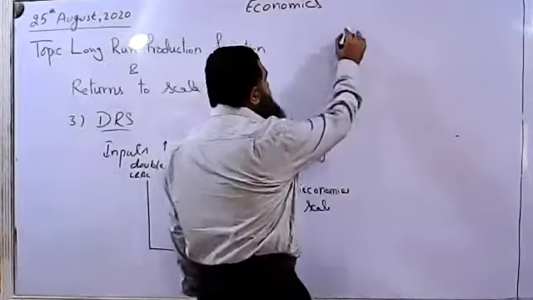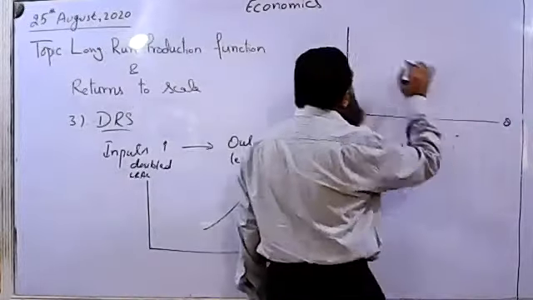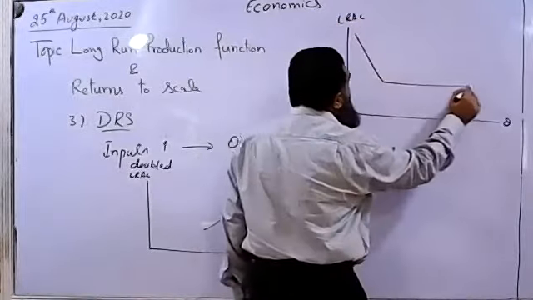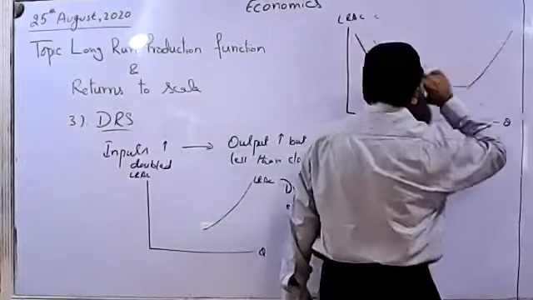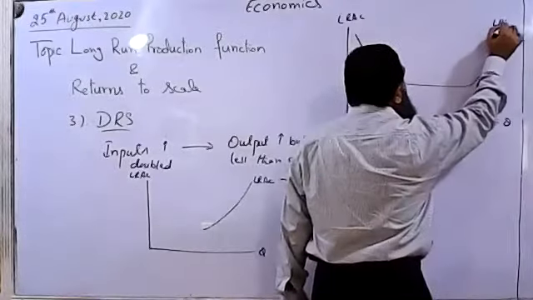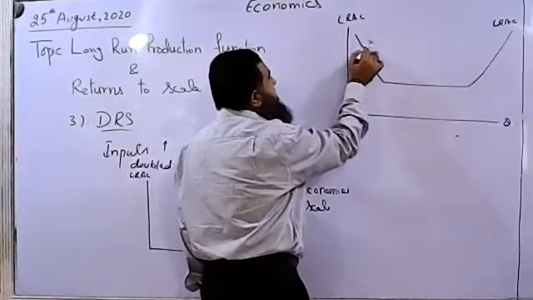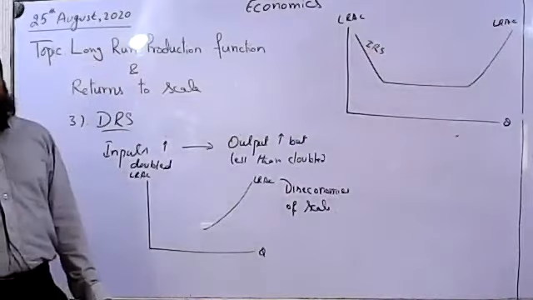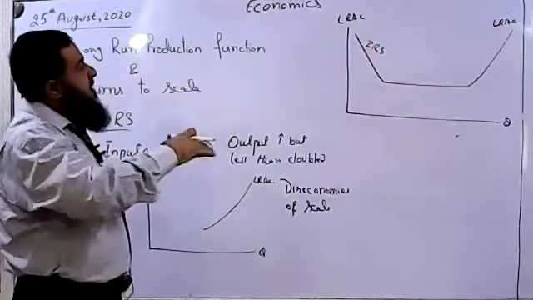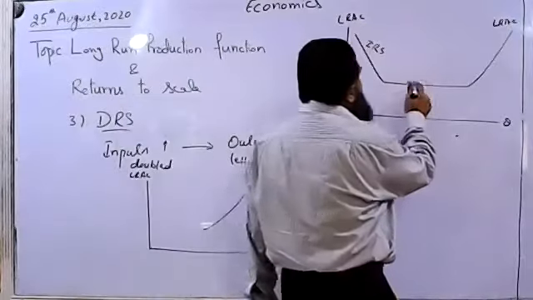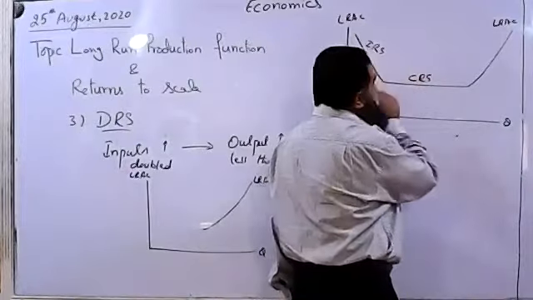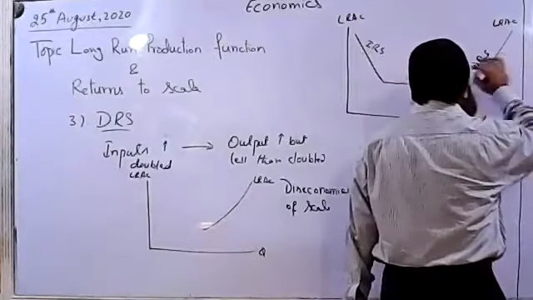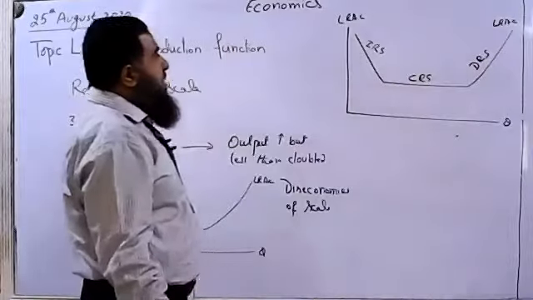So we can say a long run average cost of production can be like this and then start increasing. This is long run average cost. Here we can say this is IRS: once producers change the scale of production, their long run average cost first starts decreasing, and then it remains constant over a certain range of production, from this area to this one. This is CRS, and after this minimum point it starts increasing.